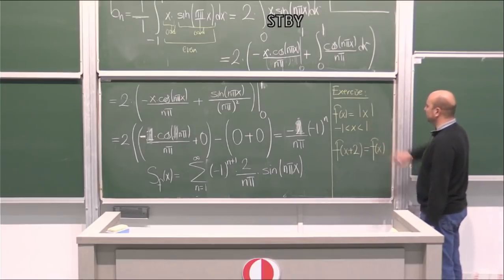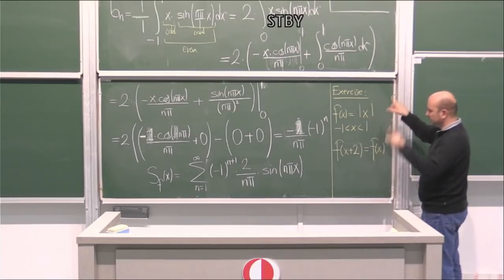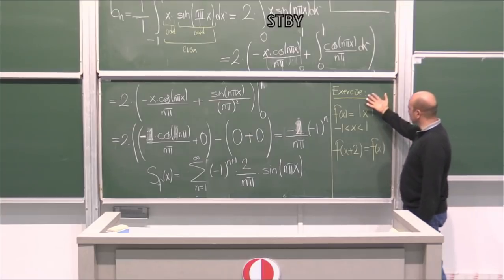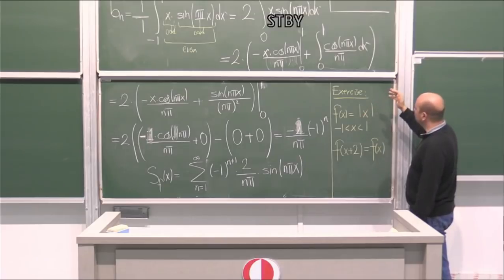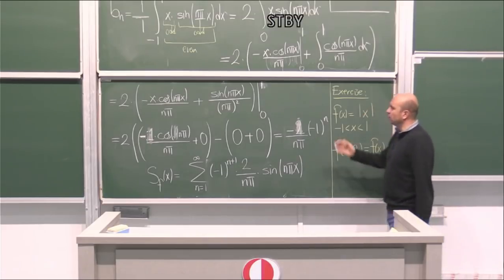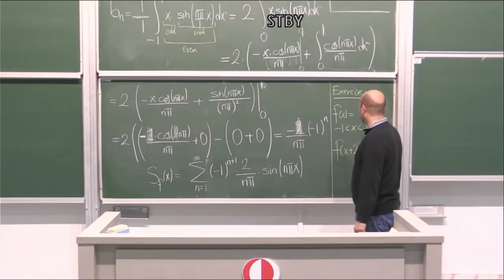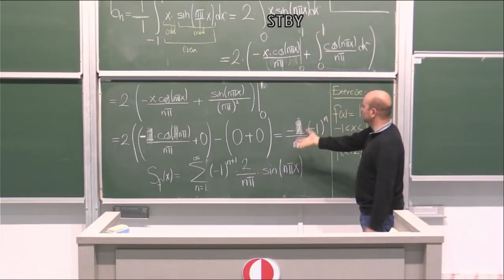So this time, this function, if you look at it, it's v-shaped. This is a symmetric graph again, which is now an even function. So this time, you will see that there won't be any sine terms, just the cosine terms. Do it as an exercise. It's very similar to this one.